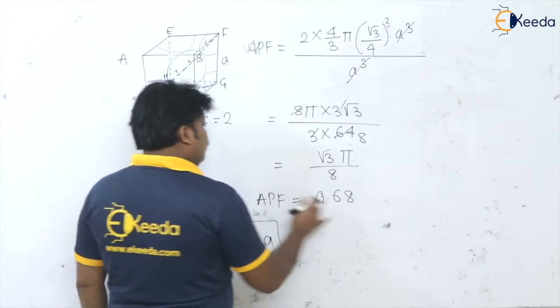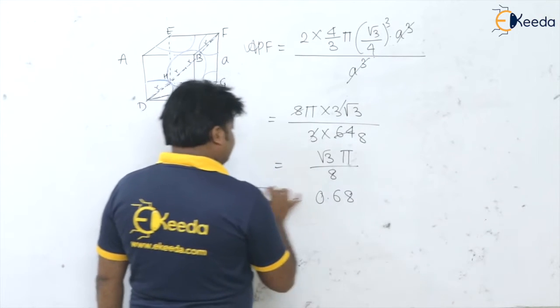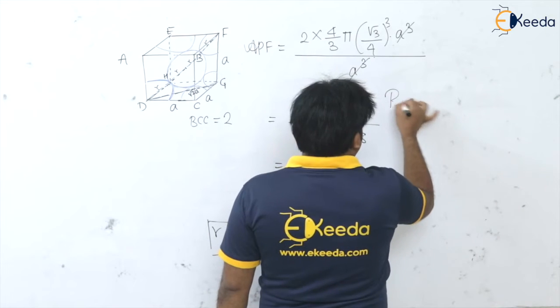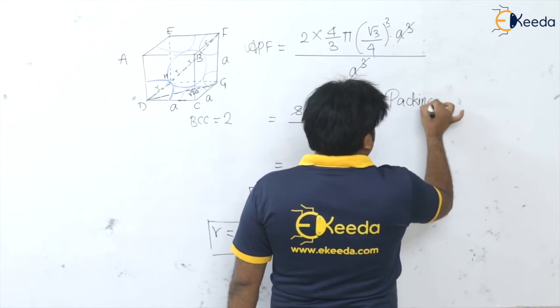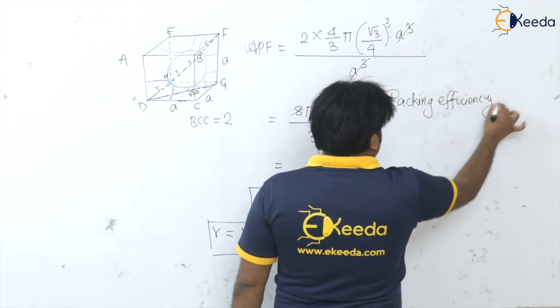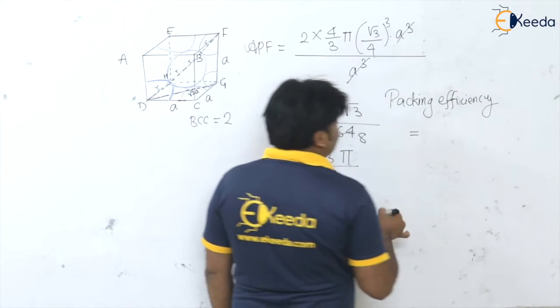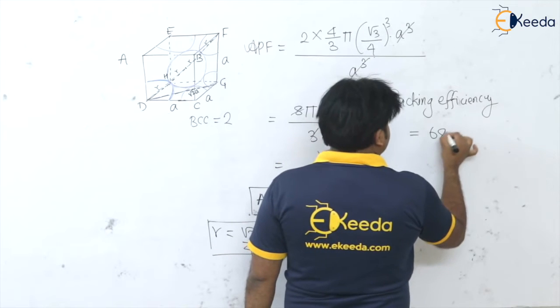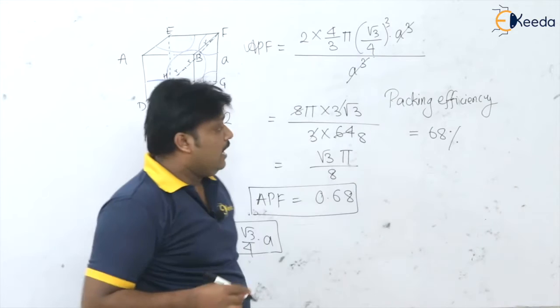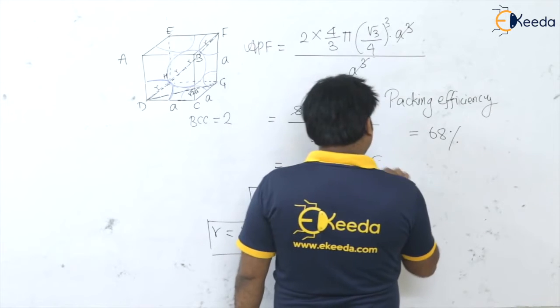It is 0.68. That is, the packing efficiency for this BCC body centered cubic structure is 68%.